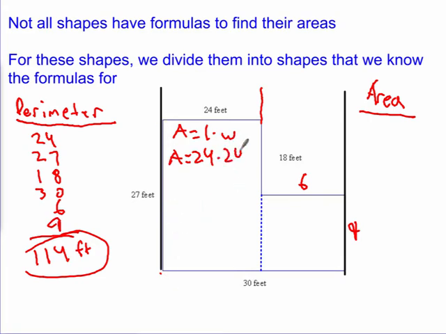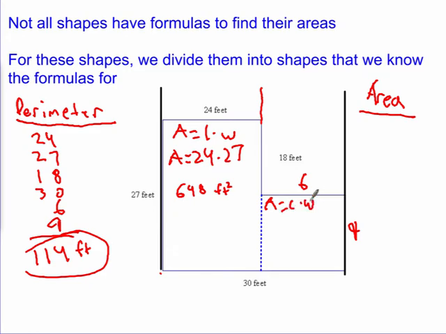So that's 24 times 27. That's 648. And my units, for area, are always squared.